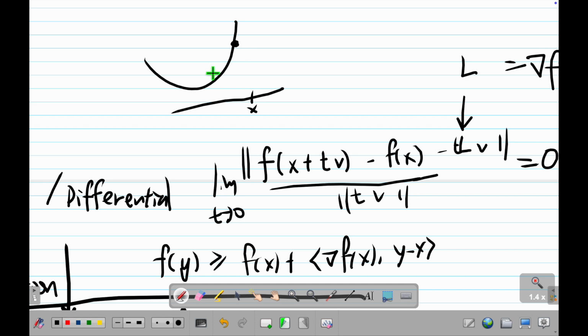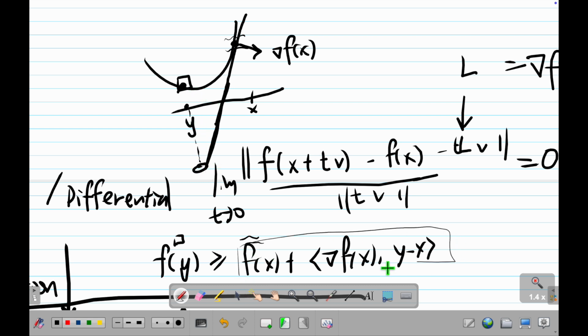Then I have a y here. I have a tangent at x, and this tangent has a direction. This actually is the gradient. This is saying that f(y), at this point, is larger than this value, which I call f(x), plus a straight line evaluated at y.